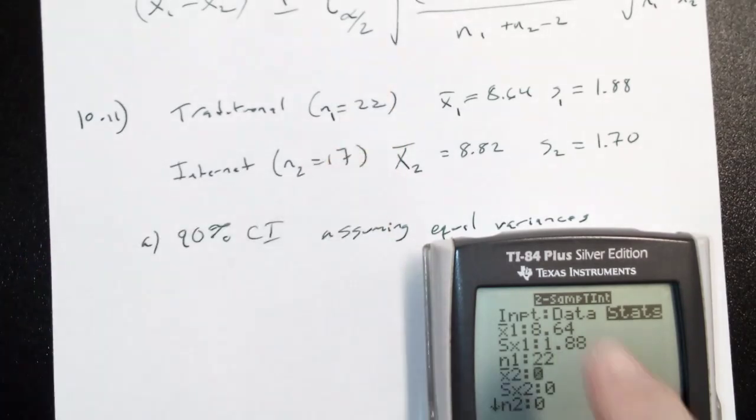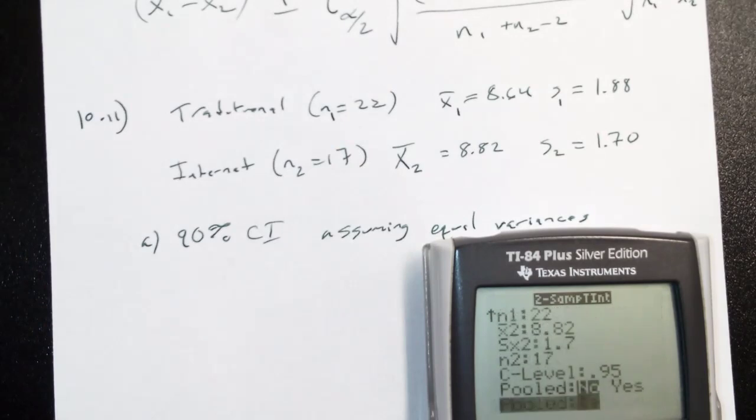Second group, 8.82, a standard deviation of 1.7, and there were 17 in that group. Now it asked for a 90% confidence interval. I'm going to put in 0.90 there. And it said equal variances. That means I pool stuff. And now I can calculate my confidence interval.